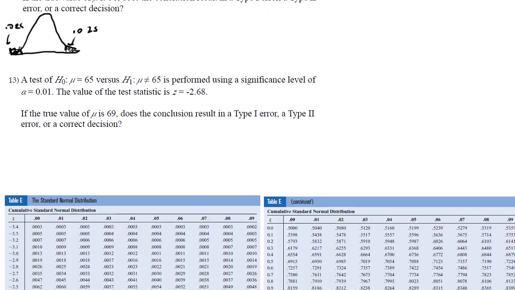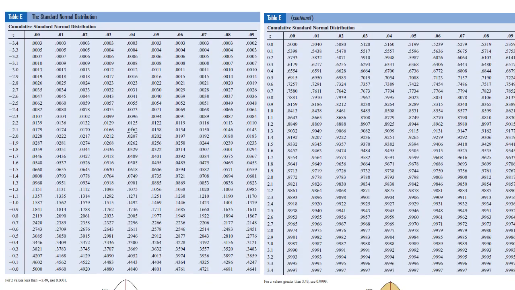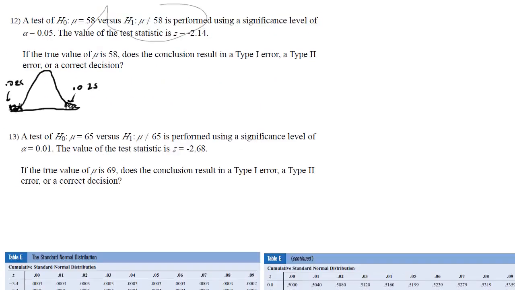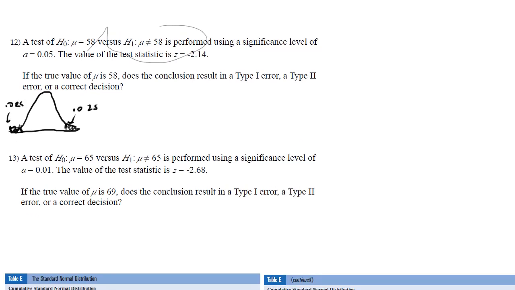Now I go to the table to get that. 0.025. We saw that before. Negative 1.96, positive 1.96. Those are our values. Same analysis though. If that test statistic falls in either of these two critical regions, we reject the null hypothesis.